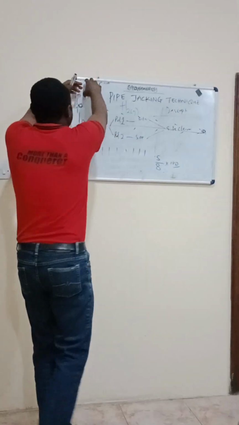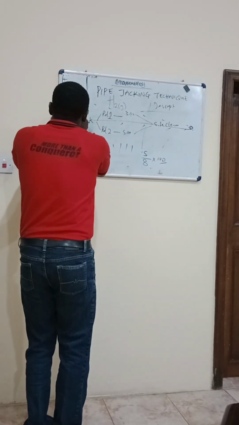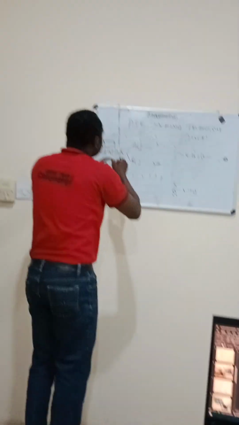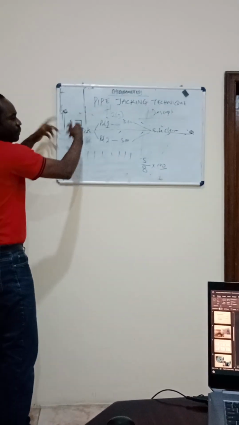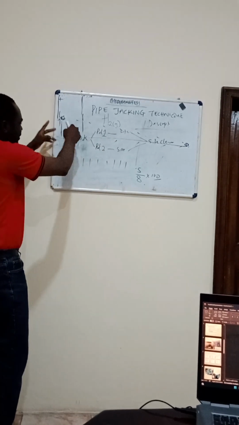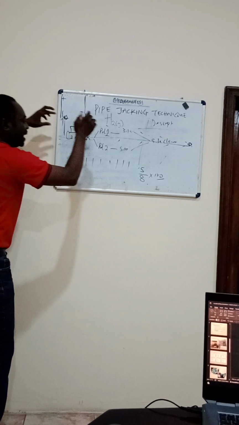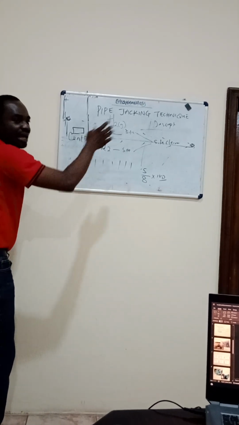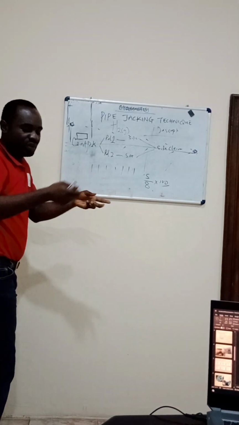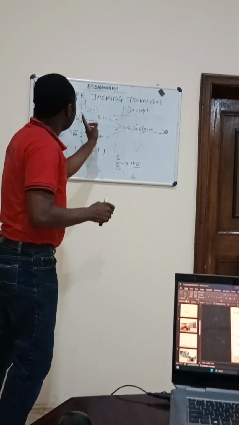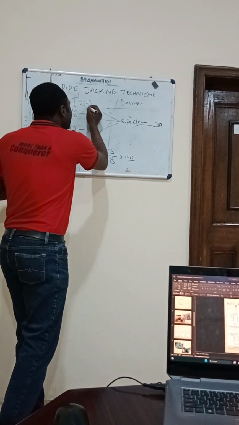So once the pipe enters here, there are people working here. The pipe enters here like this. The first thing they will do is put all the networks inside this pipe: electrical, air pipe, and then fluid pipe. Fluid is so important because for this thing to move, it is very well compacted.